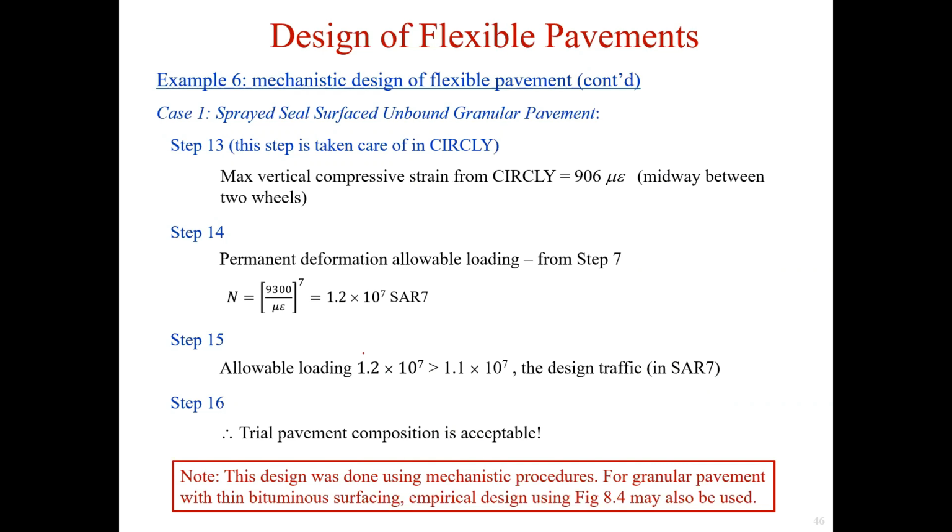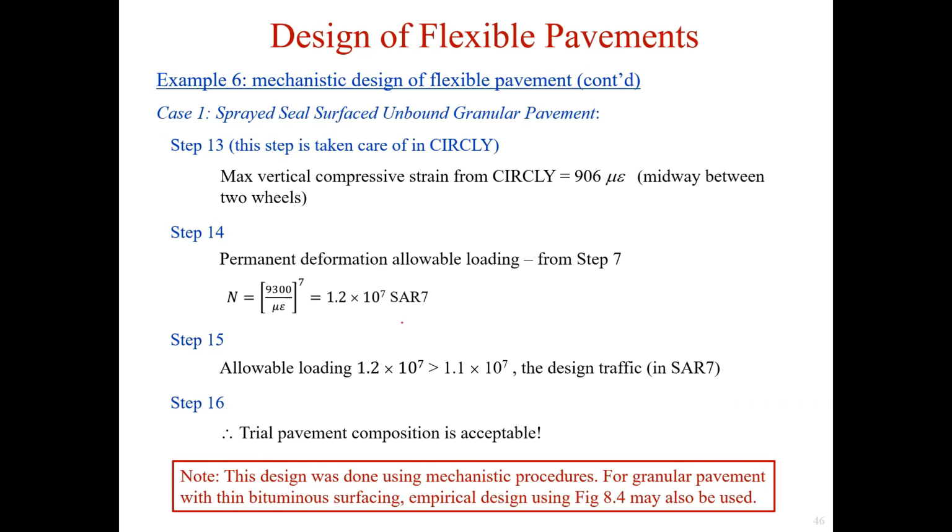Step 14 is to calculate permanent deformation allowable loading from step 7 in combination with the above maximum compressive strain. The result is 1.2 times 10 to the power of 7 SAR7. Step 15 is to compare the allowable loading with the design traffic.